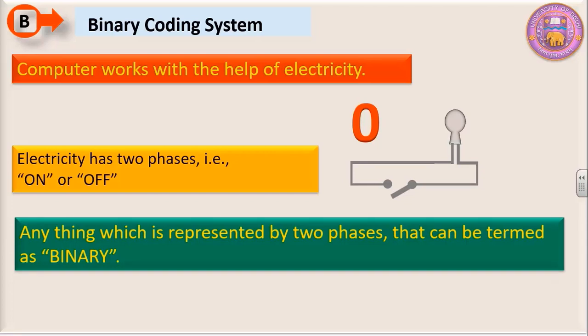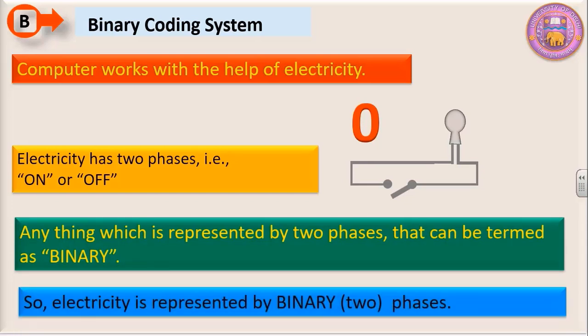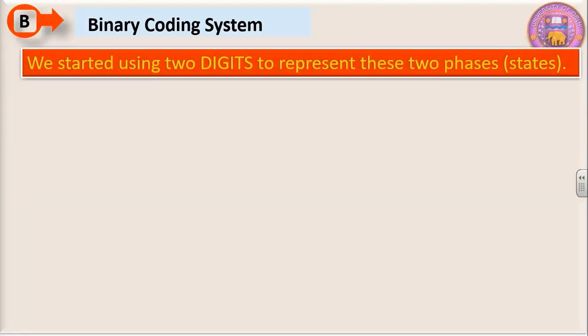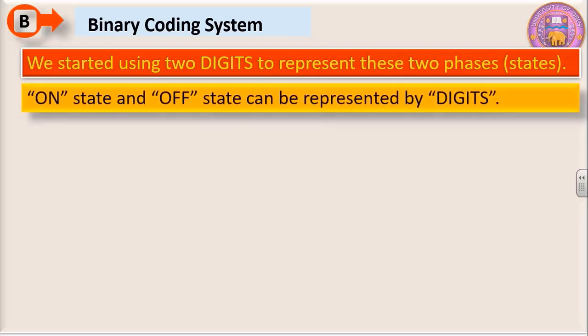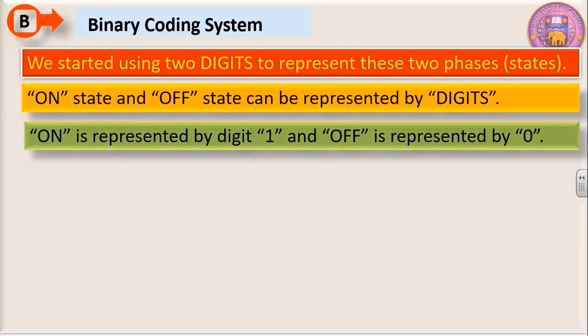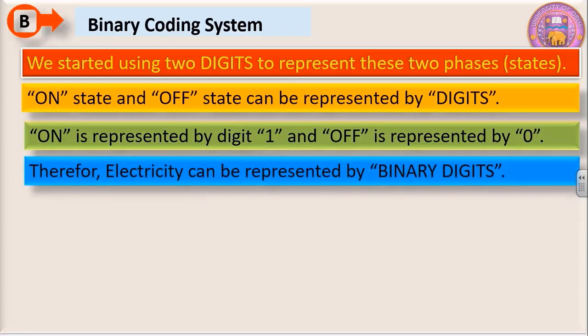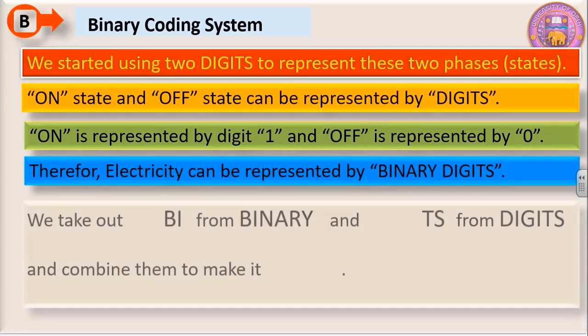Anything which is represented by two phases can be termed as binary. So electricity is represented by binary, that is two phases. We started using two digits to represent these two phases. On state and off state can be represented by digits. On is represented by digit 1 and off is represented by 0. Therefore, electricity can be represented by binary digits.